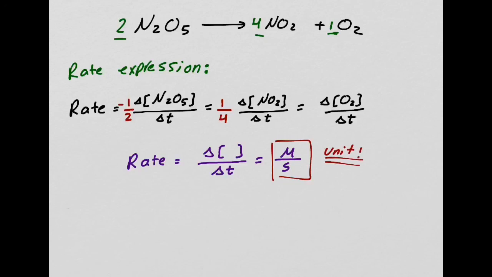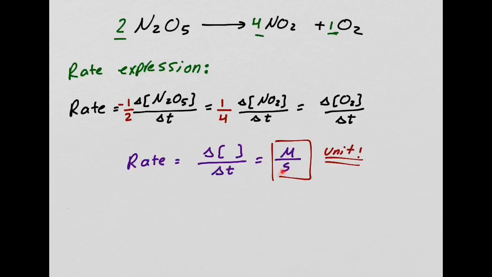So let's summarize this one more time. I know I'm repeating myself. We are going to measure the rate of the reaction in terms of change in concentration per unit time. We could use the reactant or the product, but in both cases it would be the change in concentration over time, delta molarity over delta T. So the unit for rate is molarity per second.